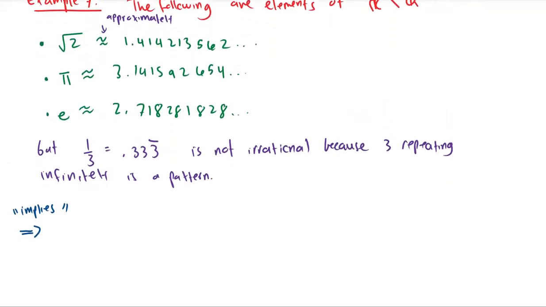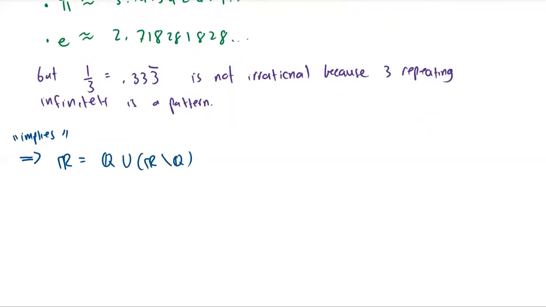So now we know what the set of rational numbers is. We know what the set of irrational numbers looks like, but we don't know all of the irrational numbers, but we know what some of the elements look like and what defining properties they have. So what's the set of real numbers? Well, this is just the set of rational numbers union the set of irrational numbers.